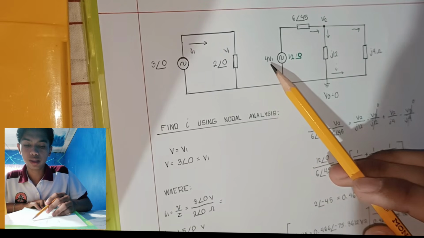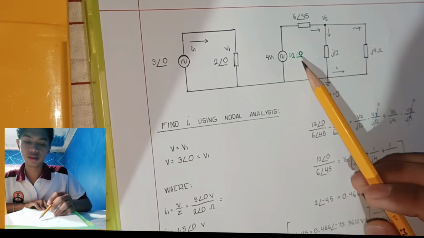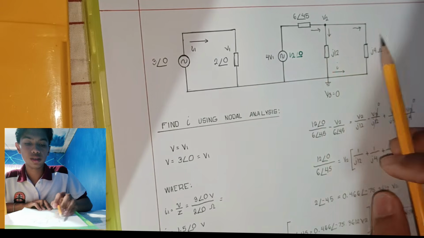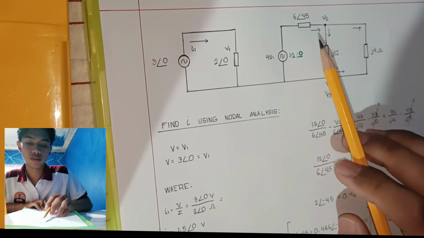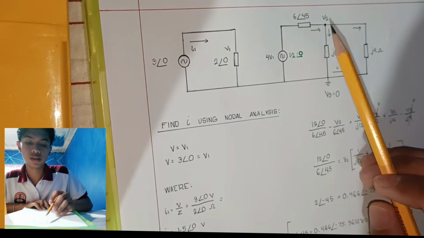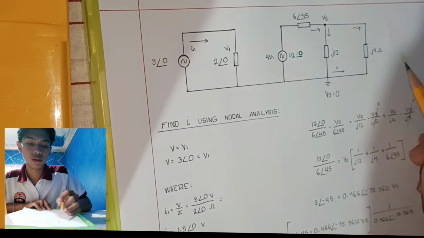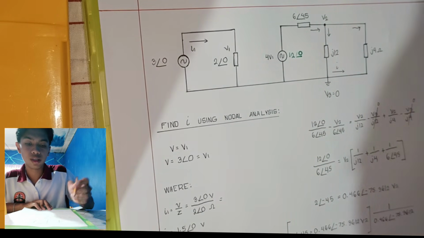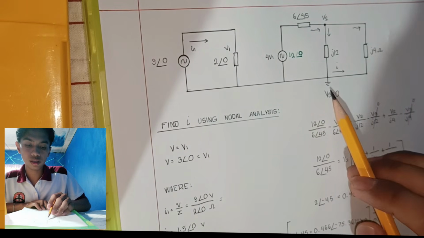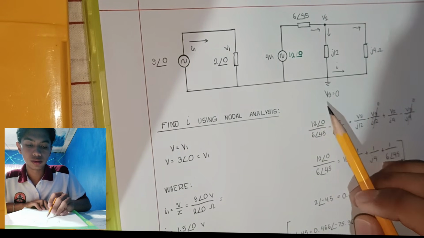I will explain later how we obtain 12 angle 0. On this side we have several component impedances, which are 6 angle 45, j12 and also j4. And we have a node here, node V2, which is connected to the ground, V3.